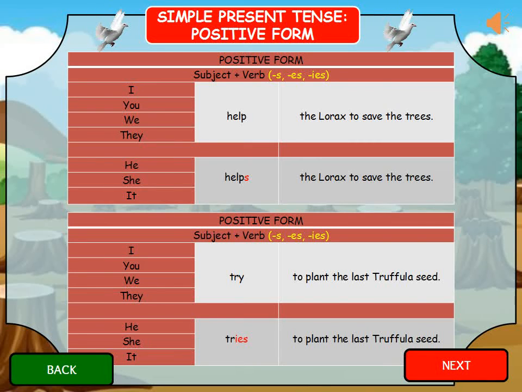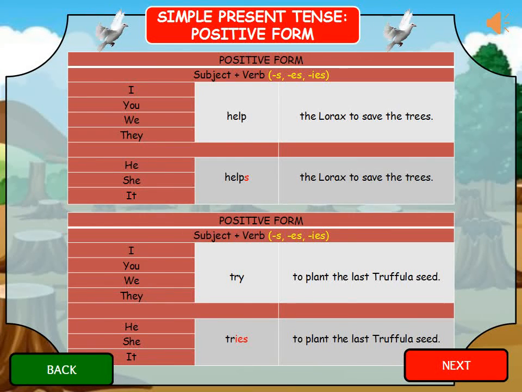However, different verbs have to be added with different types of endings. For example, helps. If the letter ends with P, then the verb just has to add S. But for a verb that ends with Y, for example, try, for singular subject of he, she, it, it has to add IES.